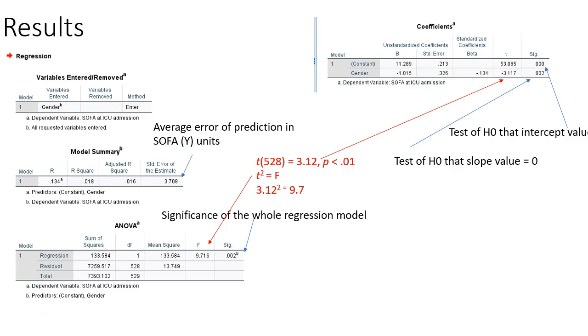So it shows the big R, 0.134. That is the correlation coefficient. When we do multiple regression, big R will become the multiple correlation coefficient. So it will be the percent of variance accounted for by all the variables in the model, not just, well, in this case we only have one, so it is equal to R. R square is there.